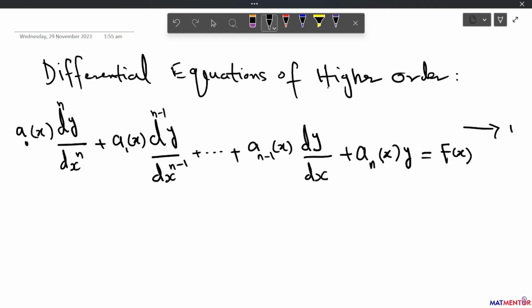This is my equation number 1, or I can write this expression like this.